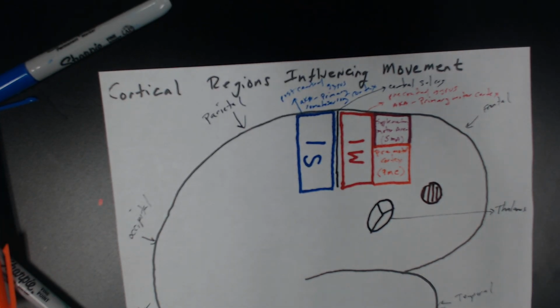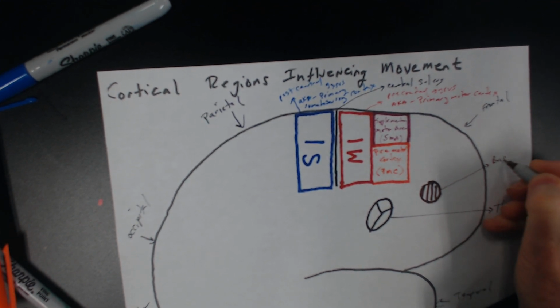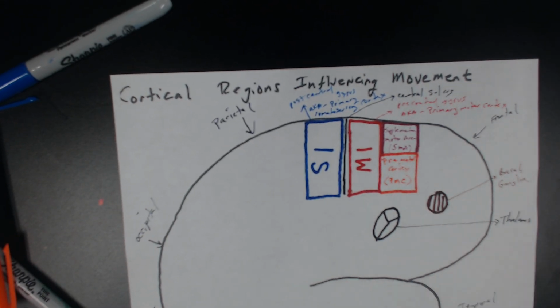This is going to represent something known as the basal ganglia. Does anybody know any disease processes that are associated with basal ganglia problems? Parkinson's, yeah. Parkinson's is going to be one of those.